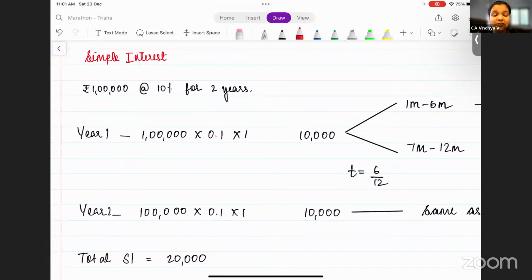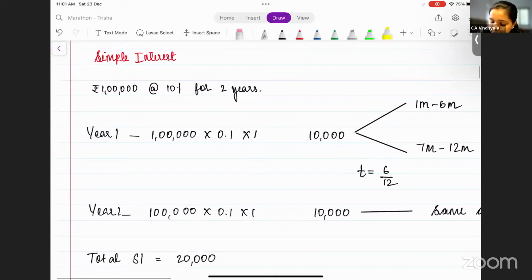Why? Because simple interest is calculated on the principal. That is why the interest for every year would remain the same.